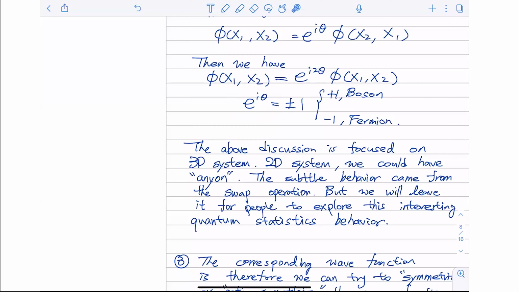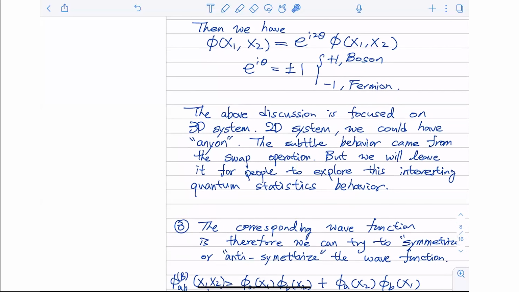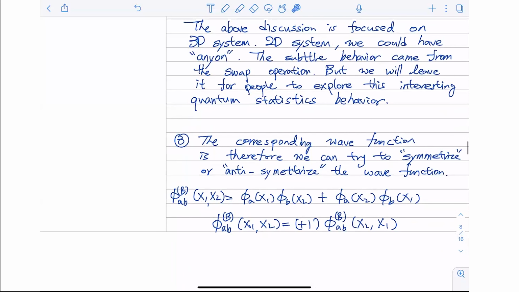And the subtle behavior actually came from the fact that the swap operation actually has some non-trivial structure in a two-dimensional system. So we will leave it for people to explore this interesting quantum statistics behavior. And in our course, we will basically focus on the simple case where we discuss boson and fermions.